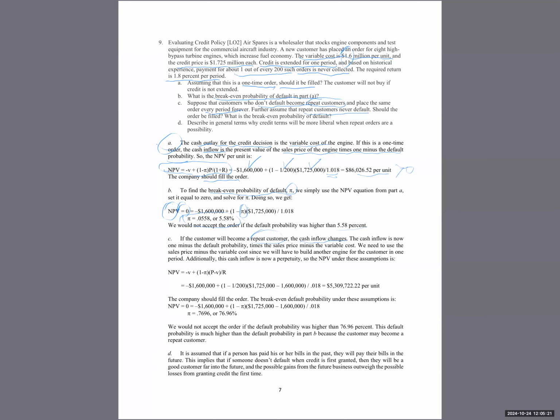The cash inflow is changed. The cash inflow is 1 minus the default probability, times price minus variable cost. And because this repeats forever, it's a perpetuity, so we divide by R. And then the NPV is calculated by subtracting the variable cost, 1.6 million, and adding the cash inflow, with 1 minus the default risk of 1/200.